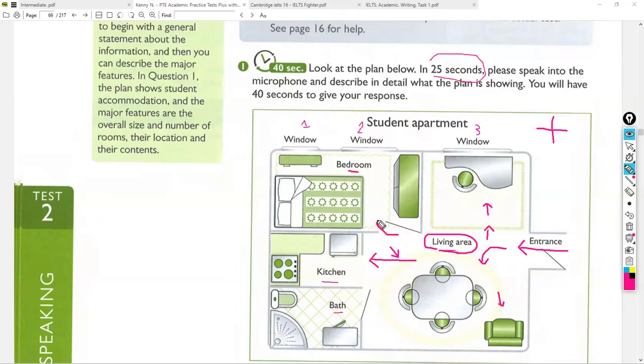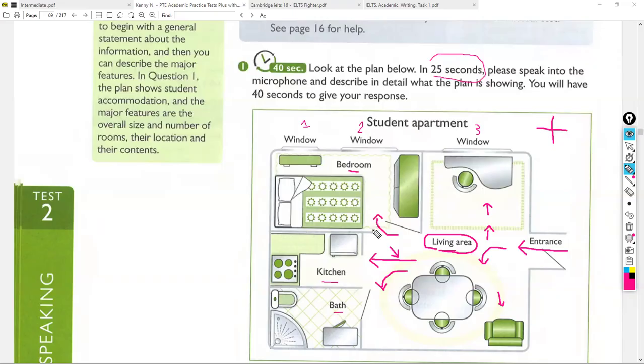This is not left, this is right. Okay, this is left. So when you started speaking, you said that on the left side, we have a bedroom. Please be careful about the direction, because any mistake in the directions, absolutely, you will lose some marks. Now, on the right side of the kitchen, we have a bedroom.